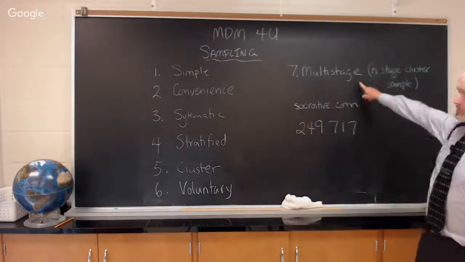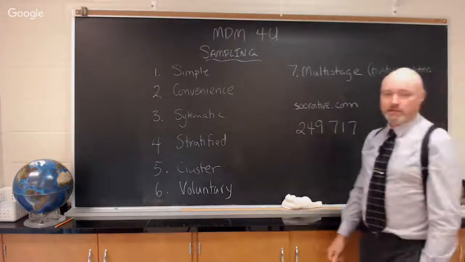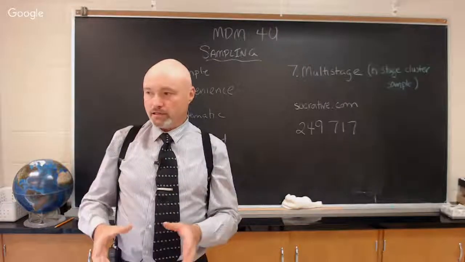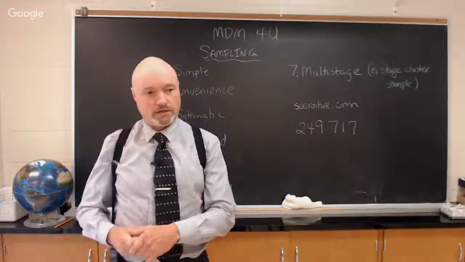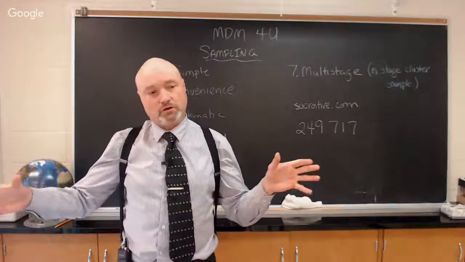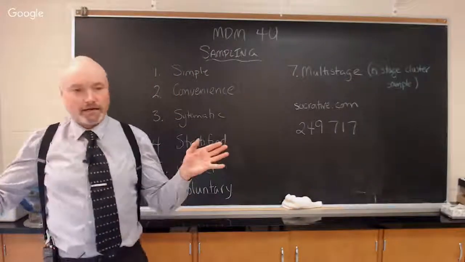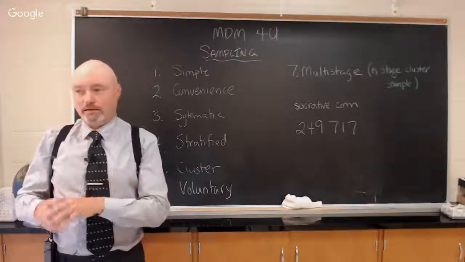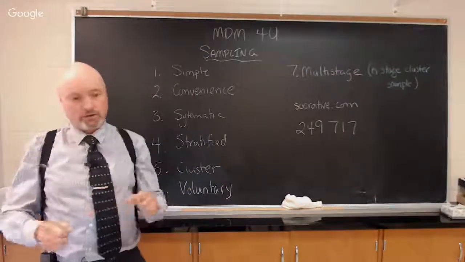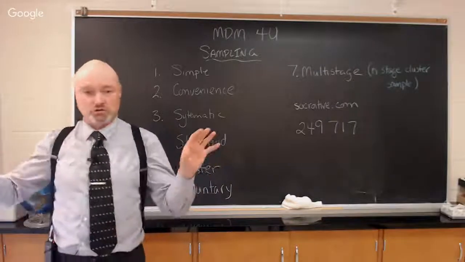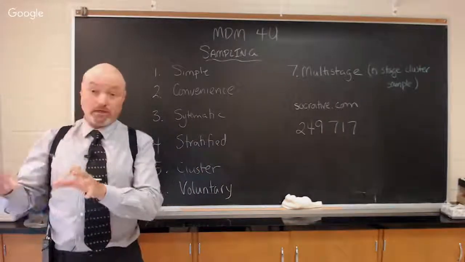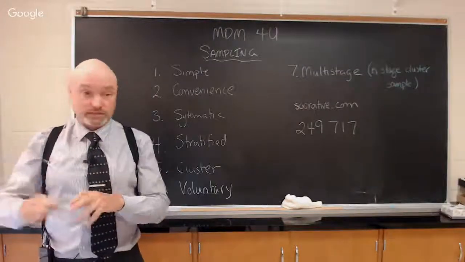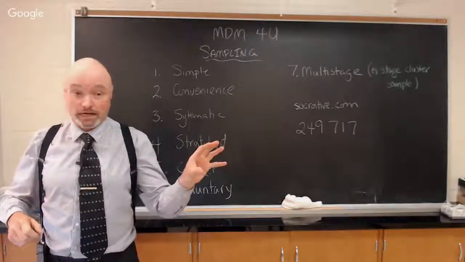Okay, and then this one is multi-stage. That just means like a cluster sample that is clustered and then clustered and then clustered again. So for example, if you wanted to know what everybody in Canada thought about Justin Trudeau, you would say, well, I'm going to choose Ontario and I'm going to choose BC. So you've chosen 2 clusters. And then within Ontario, you'd pick another cluster. You'd say, well, I'm going to do the 416 area code in Toronto, and I'm going to do the 519 area code in Ontario.